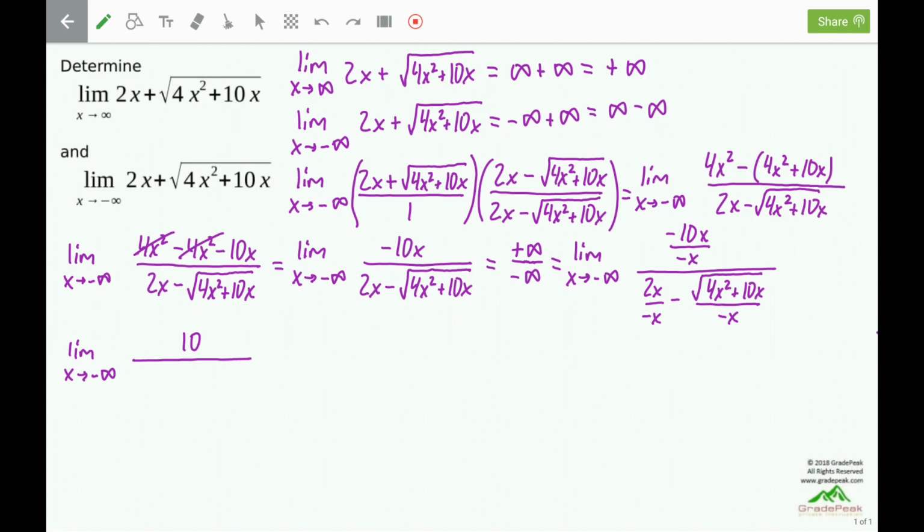In the denominator, the first term, positive over negative is negative, the x's can cancel, it will leave a negative 2, and then minus, and then the square root can extend over the negative x, by rewriting it as negative x squared, because the square root of negative x squared will be negative x.